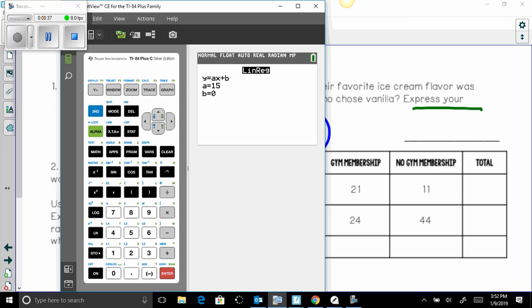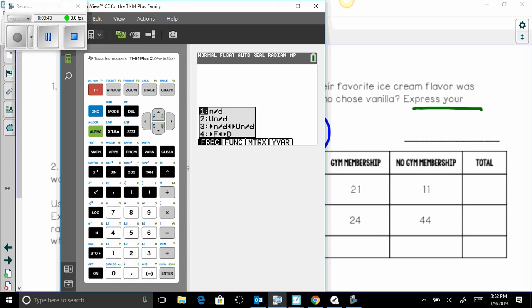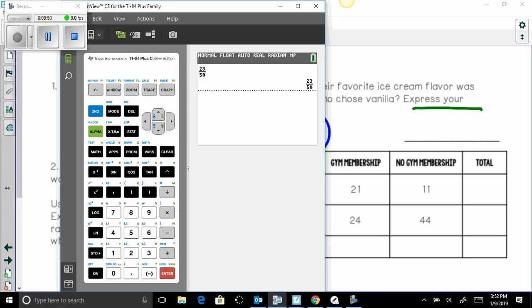So go to your calculator. To get your percent, just do that fraction. If you put it in as a fraction, 23 divided by 50, notice that it's not giving me what I need. It's making it a fraction. So just go ahead and do 23 divided by 50.